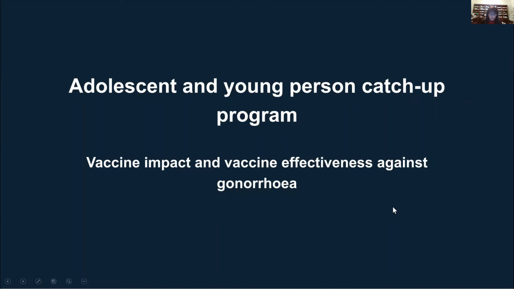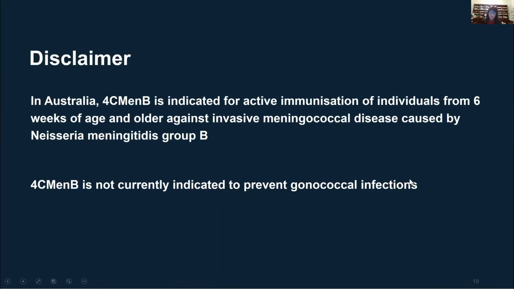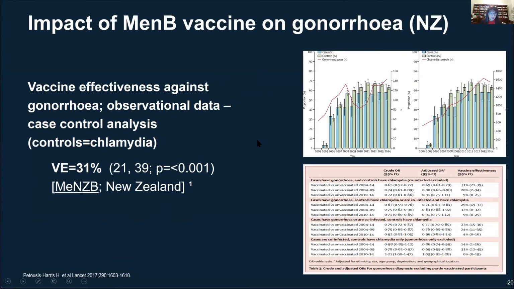This is really where, which is probably most relevant to this audience, looking at vaccine impact and effectiveness against gonorrhea with 4C-Men-B. And just really to make a disclaimer that the vaccine is indicated for active immunisation of individuals to protect against invasive meningococcal disease caused by Group B. It's not currently indicated in Australia or anywhere else to prevent gonococcal infection, but there's really mounting evidence that this seems to be another disease that the vaccine is able to provide some protection against.